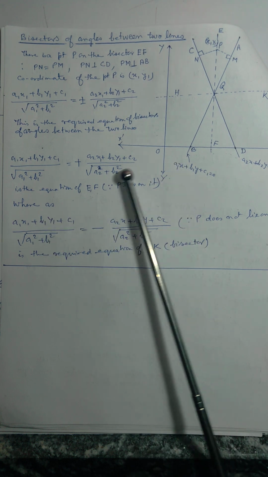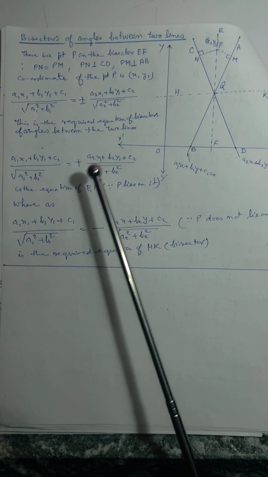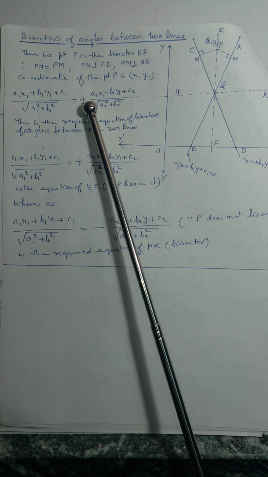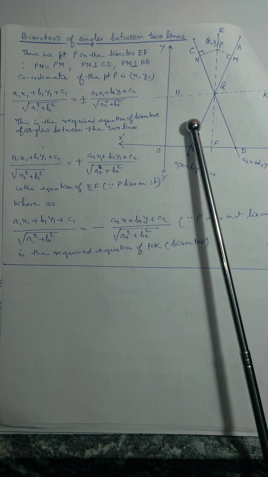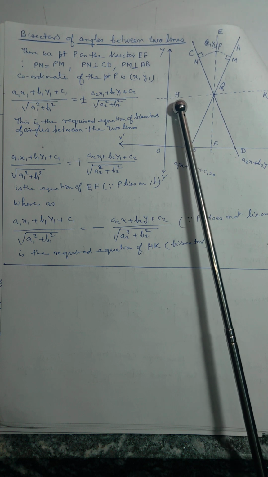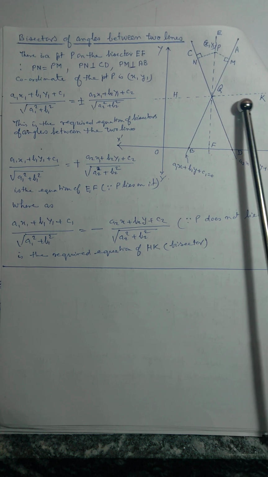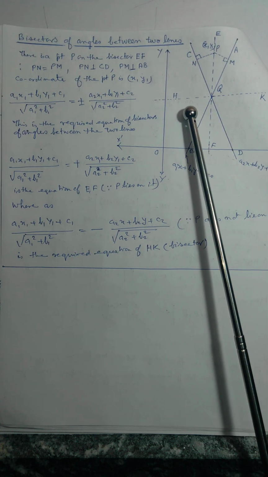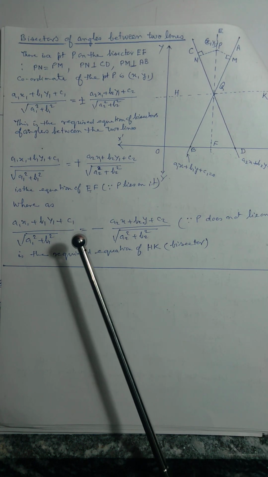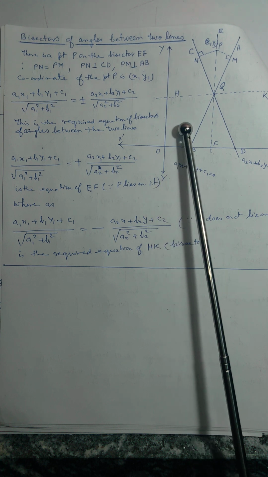If you take the negative sign from here, at that time that will be the equation of the other bisector, which will be HK.